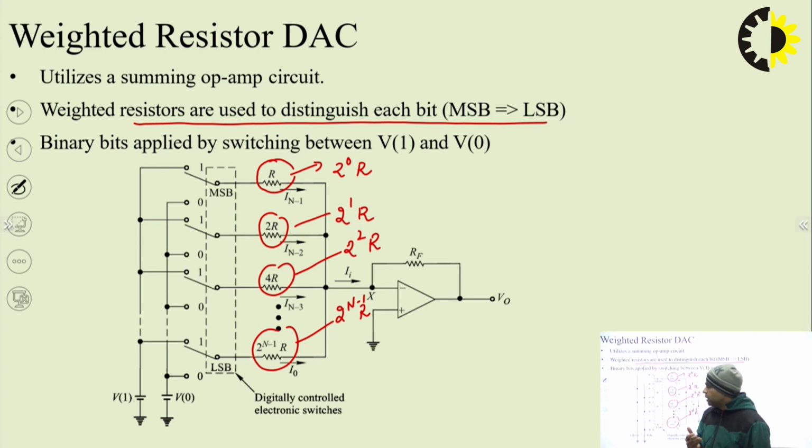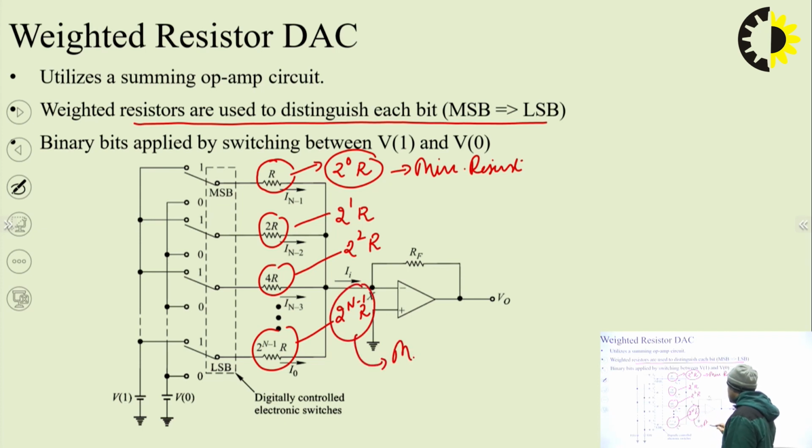And similarly in case of LSB, the least significant bit, that means minimum significance, should be appearing from that branch. So in that case resistance should be maximum. Out of this we can see that 2 raised to power 0 R is the minimum resistance, and 2 raised to power n minus 1 R is the maximum resistance.